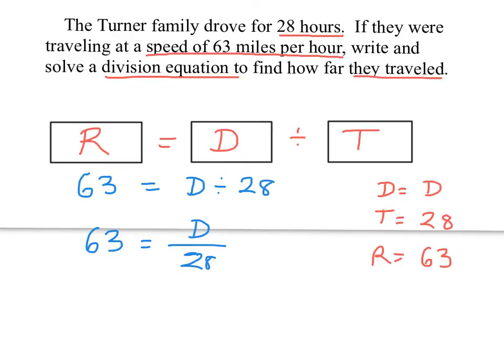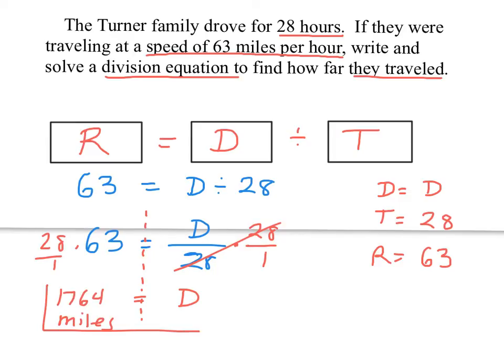It's the same thing. So in order to solve this problem, let's isolate d. Draw the fulcrum. In order to isolate d, let's go ahead and do the opposite of division. So multiply both sides by 28 over 1 times 28 over 1. On the right-hand side, the 28s go away, and d is by itself. And when I multiply 28 times 63, I get 1,764 miles. And that's how far they traveled.